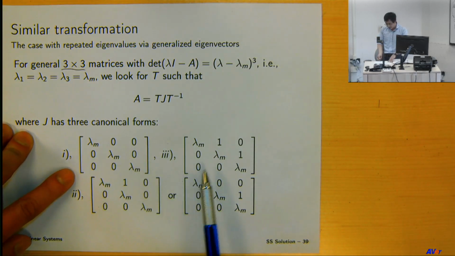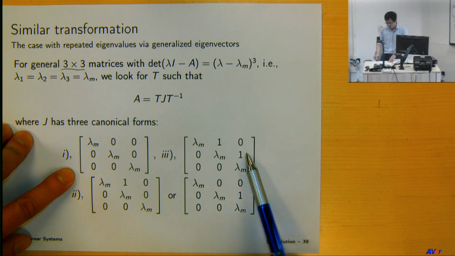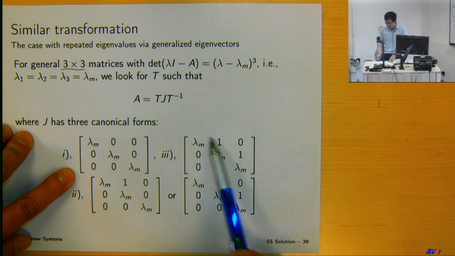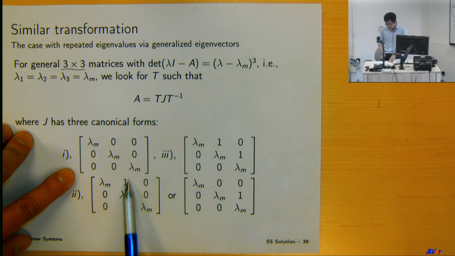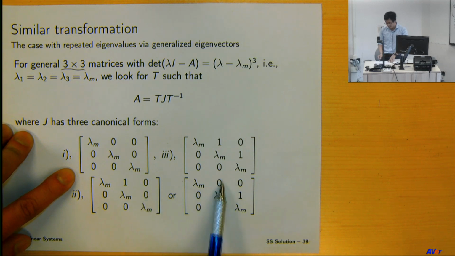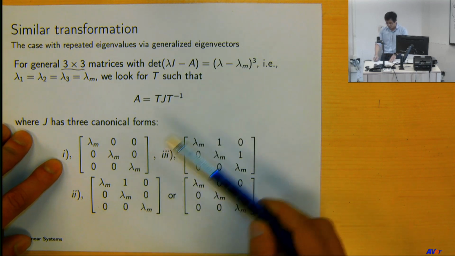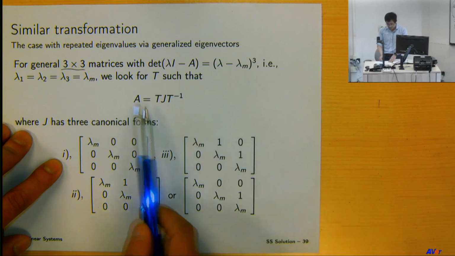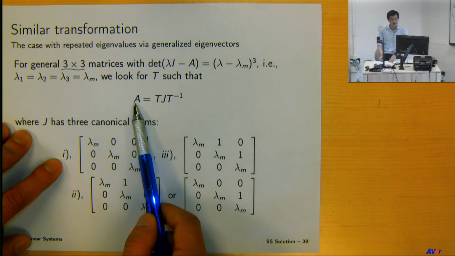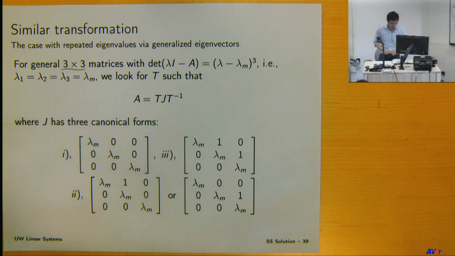It can be like this. This is the perfect nilpotent matrix that we looked at, with 1, 1 in the off diagonal here. But it can also be like 1 here and then 0 here, or 0 here and 1 here. Which of these forms we pick in this formula depends on the A matrix structure. So we'll talk about different cases in the next few slides.